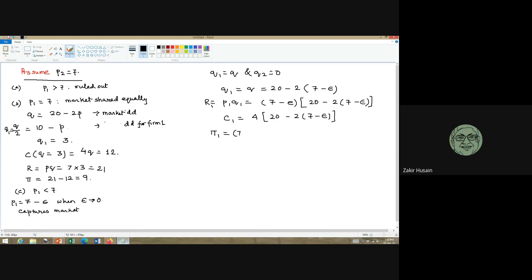Revenue is 20 minus 2, 7 minus epsilon minus 4, 20 minus 2, 7 minus epsilon. Okay, so just work it out in short. Simplify this, please.